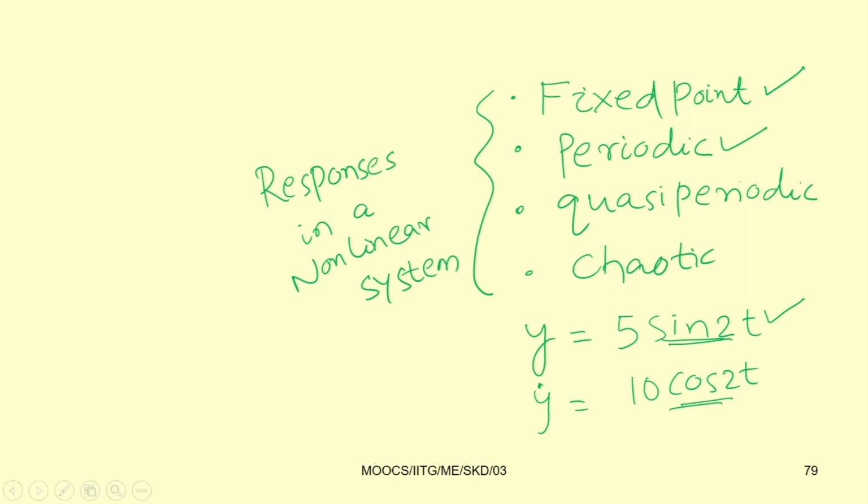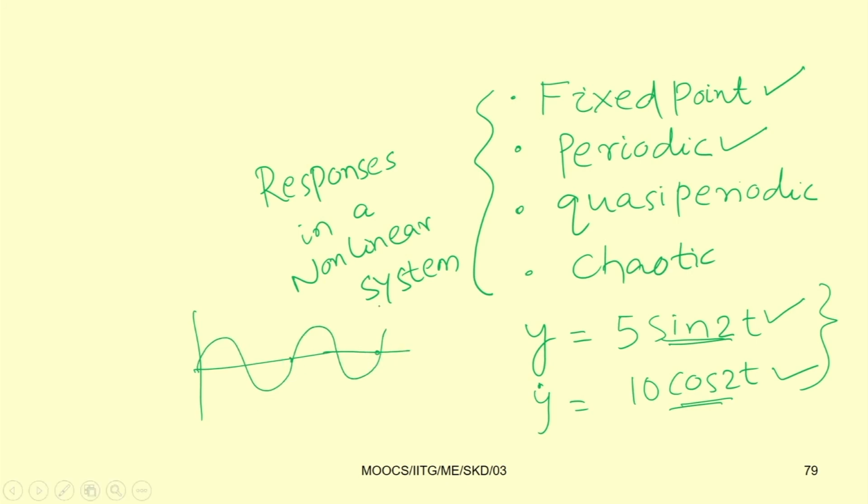You know already these are harmonic responses, harmonic terms; sine and cosine can be written in harmonic terms. So, these responses which repeat themselves with time are known as periodic response. If you plot the sine, you know after 2 pi it will repeat. This is one cycle, this is another cycle.